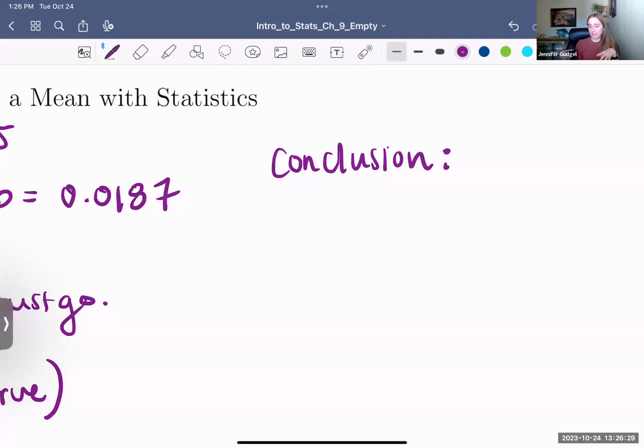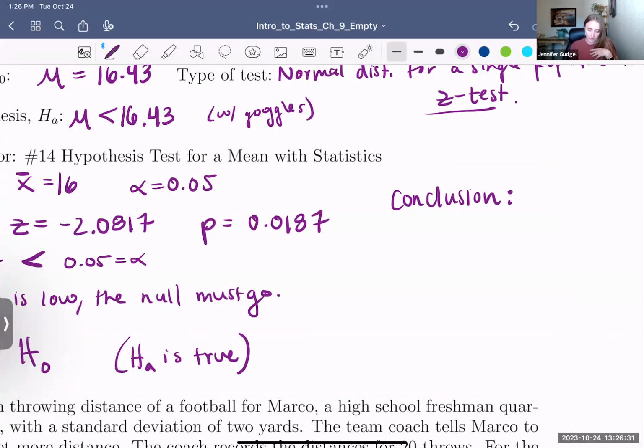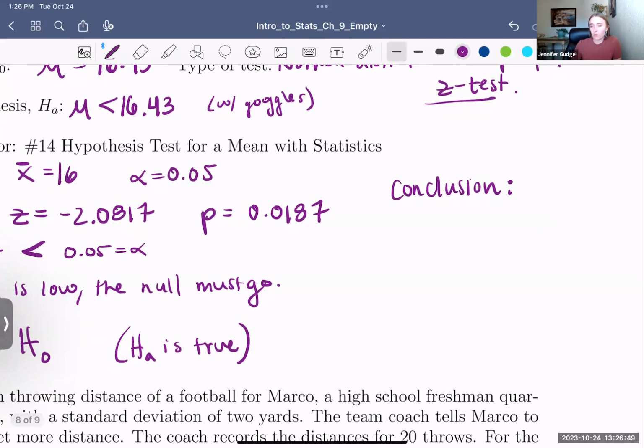Because if I ran it at a 1% level of significance, P would be higher than alpha, 0.0100. So your conclusion can change depending on the level of significance you run it at. It's important to state what you ran the test at. Here we ran it at the 5% level of significance.